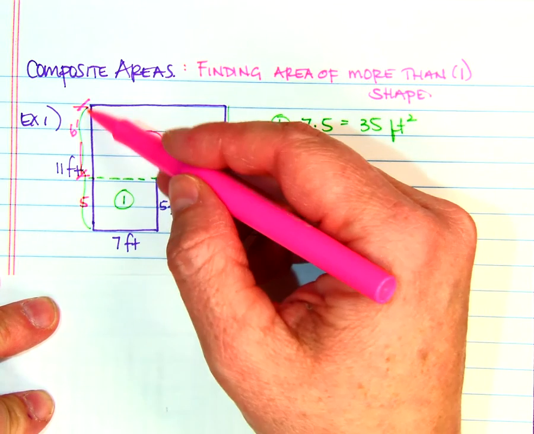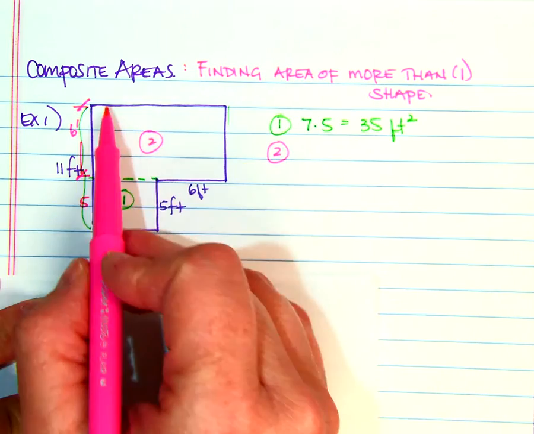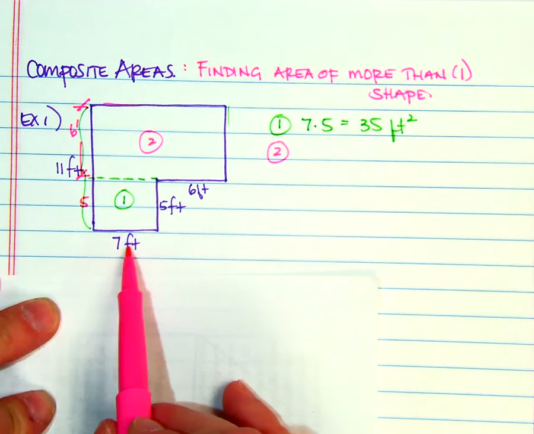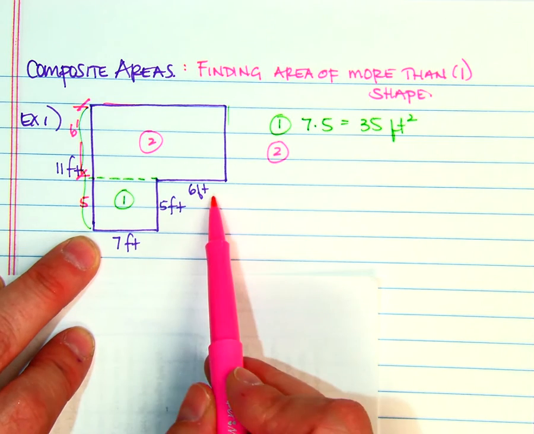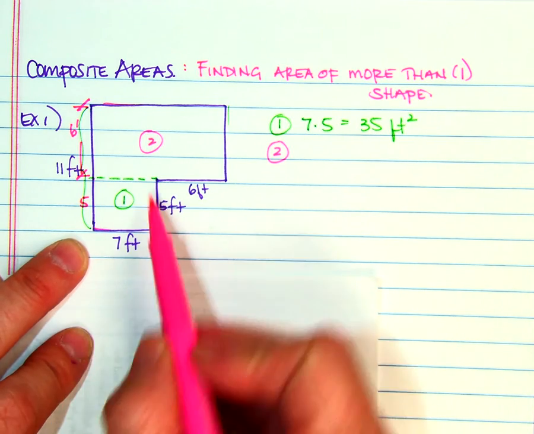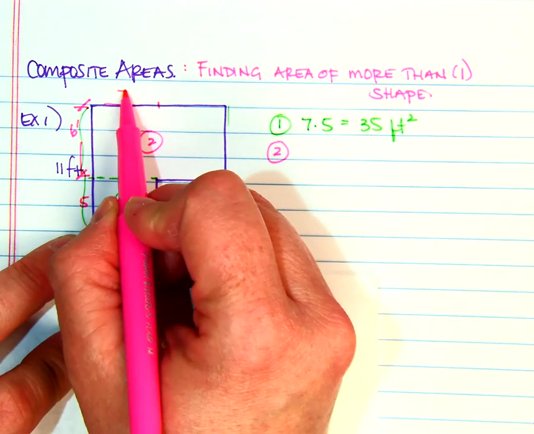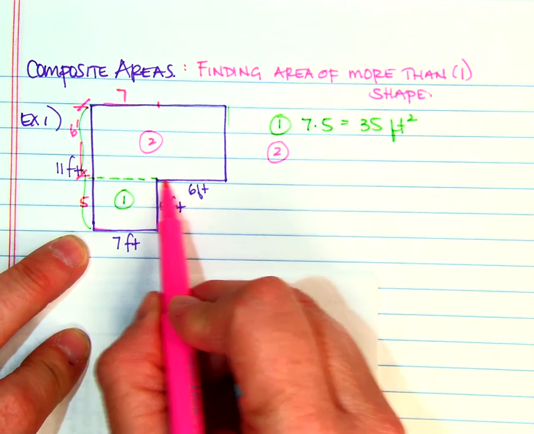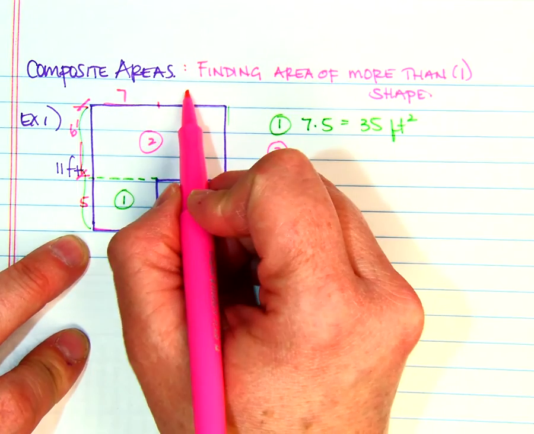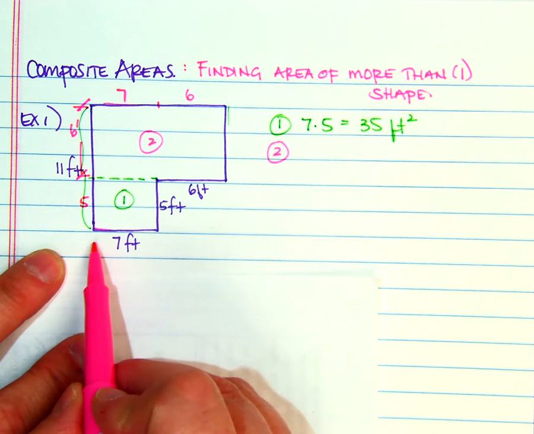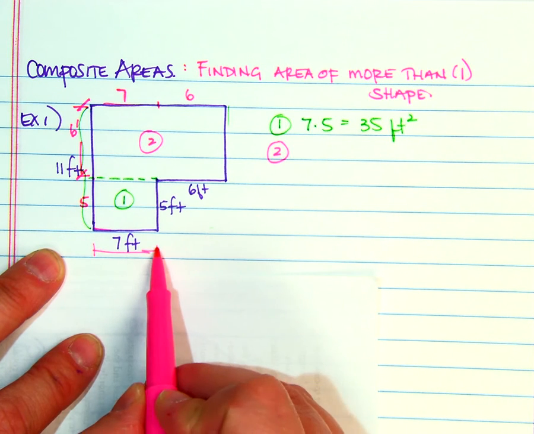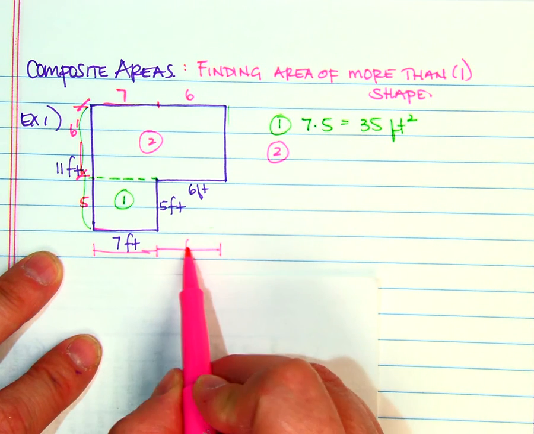So I know it's 6 feet high, so how long is it? So I'm going to go back and look at all my measurements this way. If this much of it is 7, then this much of it is 7. This much of it is 6, so that means I can carry my 6 up here. So this is 7 feet this way, another 6 feet this way.